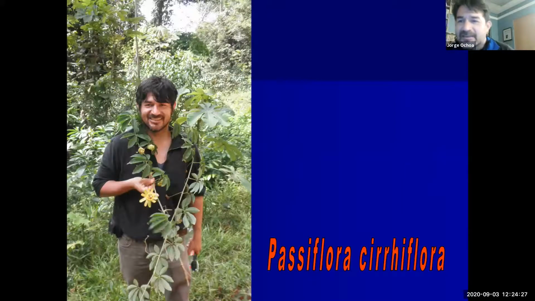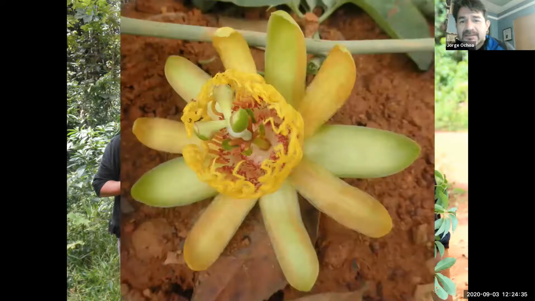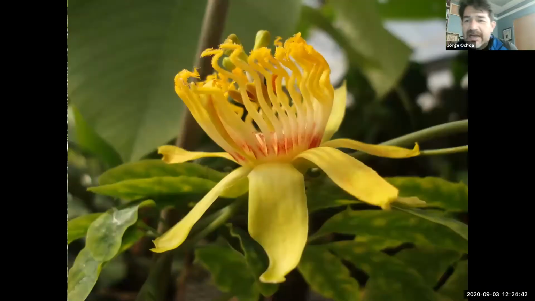There I am when I saw it for the first time in the wild in Surin, French Guiana, and there's a close-up. And there's from the wild when I took a photograph. But prior to this photograph, I flowered it here in the permaculture greenhouse many years before. So very difficult to cultivate.